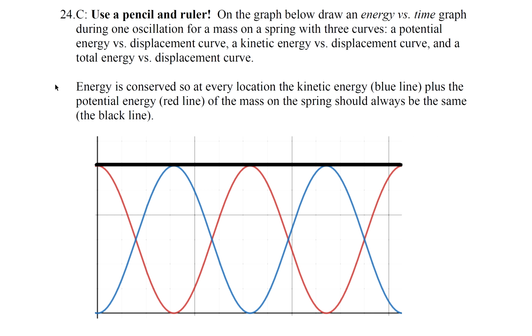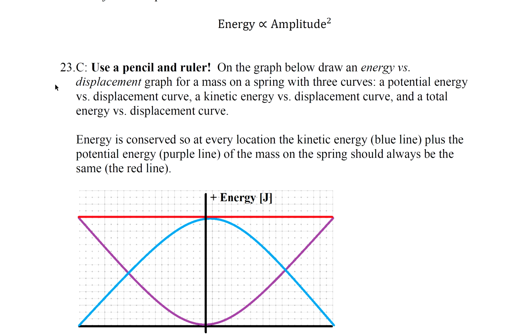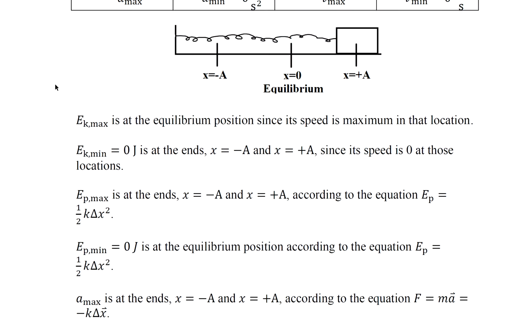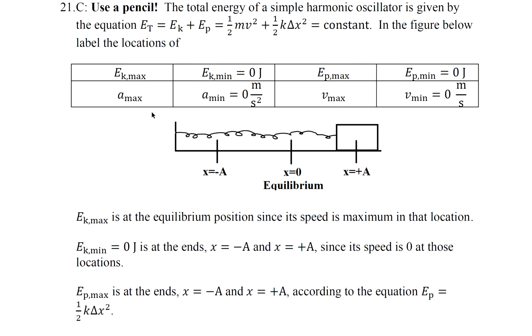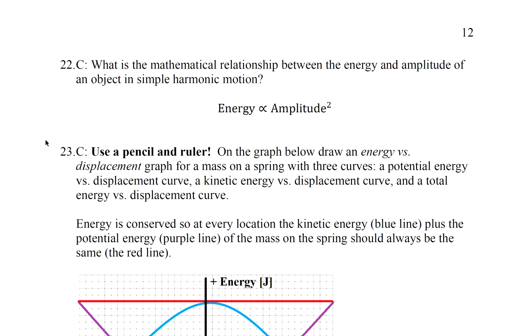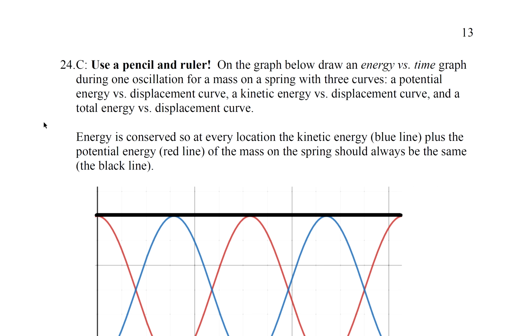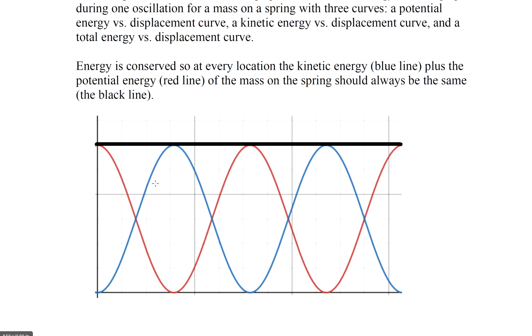So let's assume that we release the object from rest at the right. If we release the object from rest at the right, then kinetic energy is going to be the blue line because the object starts at 0 speed and 0 kinetic energy.